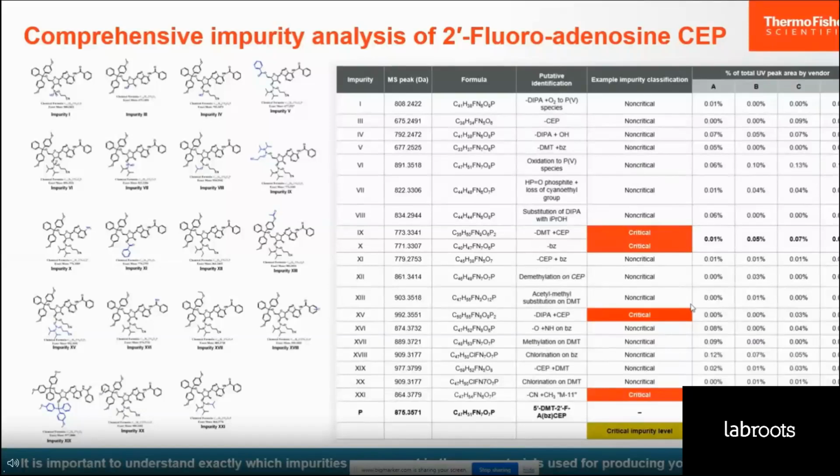And so this table has assigned an example classification for each impurity, as it would be critical or non-critical. So this is where your understanding of your own oligosynthesis is important in making this distinction of impurity types. Many of these impurities are well understood and can have a criticality assigned to them, but the level that your process can tolerate really is key to the overall determination.